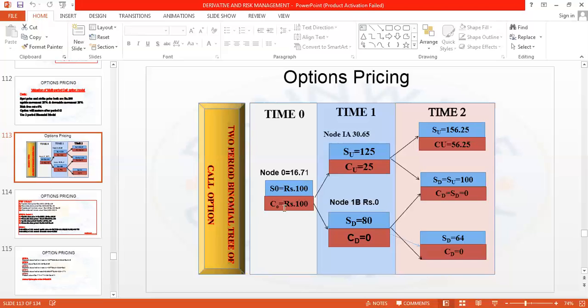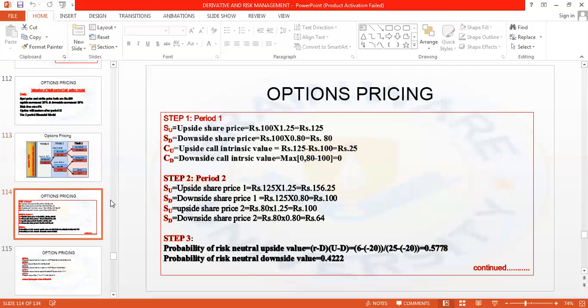But we are interested to know the premium value at time 0. So what we have to do? We have to again calculate expected value of this 30.65 and 0. How is it possible? Again consider the probability. Probability of upside movement, as we have already calculated, is 0.5778. So what we will do?